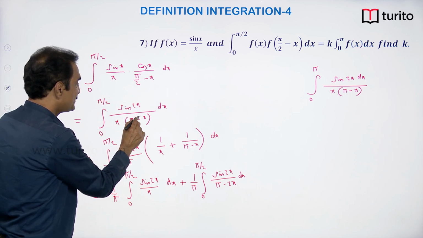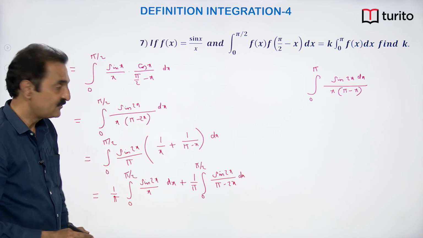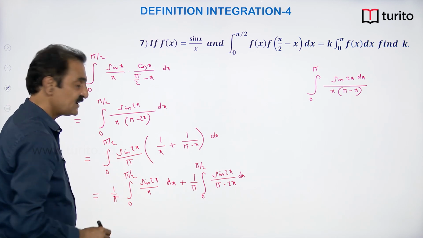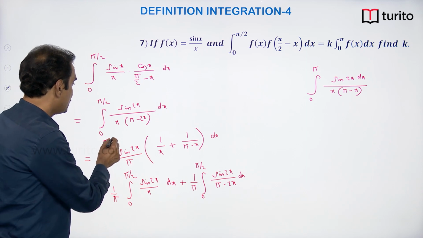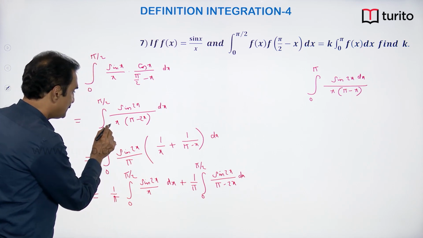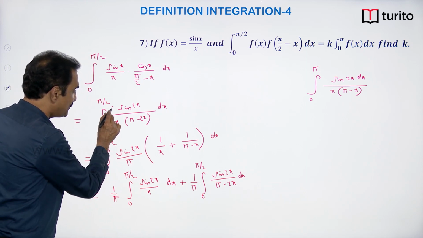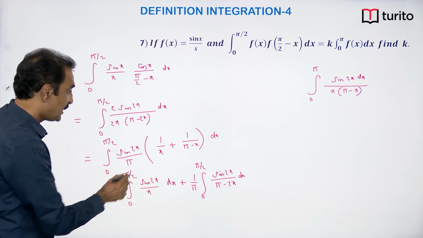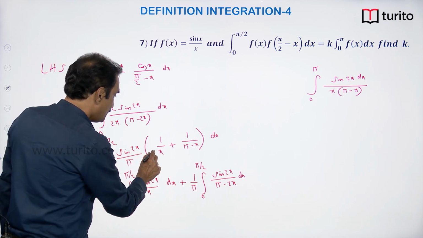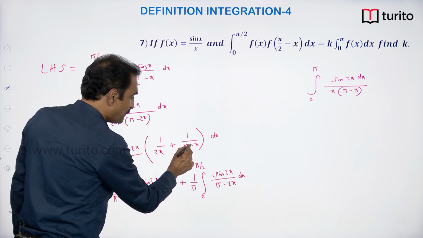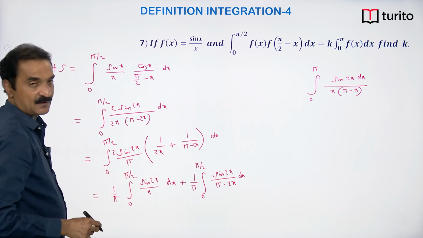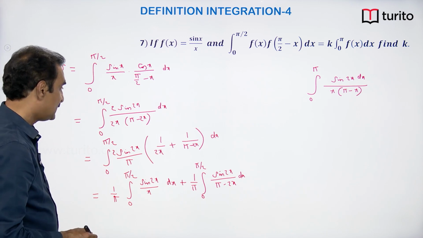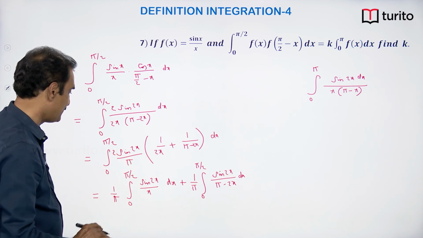Oh, here pi minus 2x is coming, that is the mistake we made. Pi minus 2x means here the entire calculation will change. What we will get, again multiply by 2 and divide by 2. Now you can write this as 1 by 2x plus pi minus 2x, so into 2 will be extra. Then divided by pi will be same.